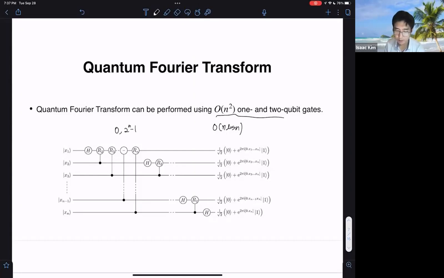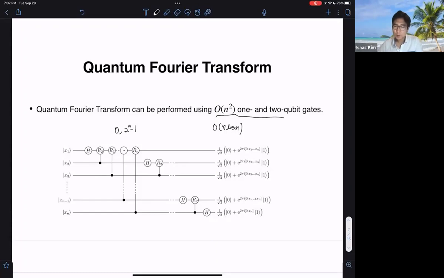If you were to do this in a naive way, using a classical computer, suppose you have a vector indexed by 0 to 2 to the n minus 1, and you want to apply a discrete Fourier transform to that, then this will take a time that is exponentially long in n, because the fast Fourier transform that we know scales like the total number of entries in the vector times the log of that.